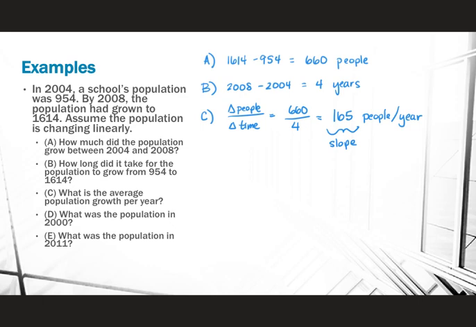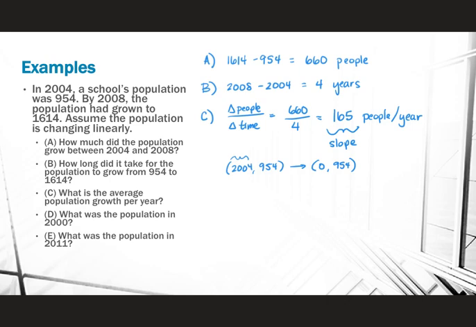Okay, so now I have my slope. In order to make the predictions that it wants me to do in parts D and E, I need to have some sort of equation. I have to have a place to plug in a number so that I can get an answer out. And the easiest way to do this is, let's take our 2 points. So let's say in 2004, there were 954 people, but I don't really want to have to plug in a number as big as 2004, right? Mathematicians are lazy. I don't want to do that. So what I can do instead is I can set this as year 0.